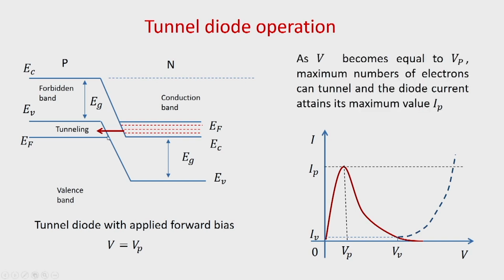So, we have the maximum number of electrons that can now tunnel from N side to P side, and the diode current attains its maximum value Ip.